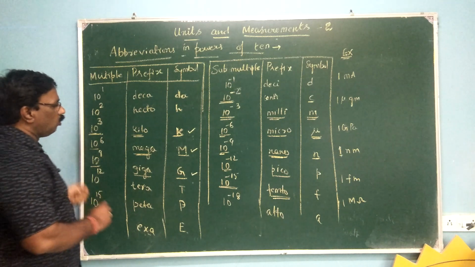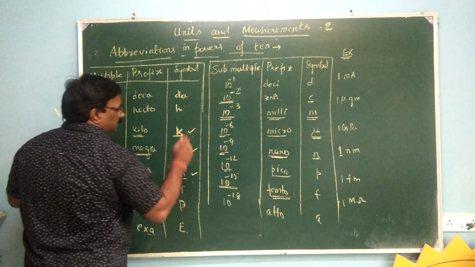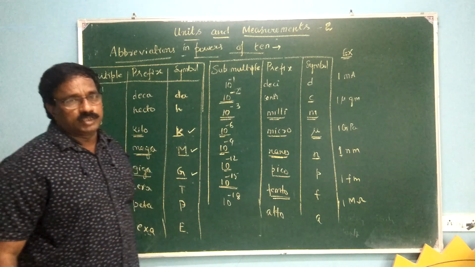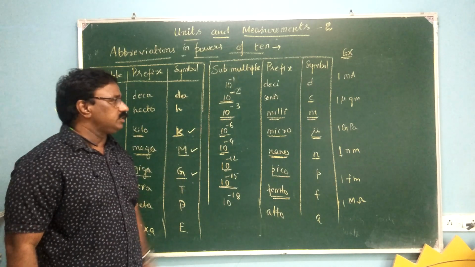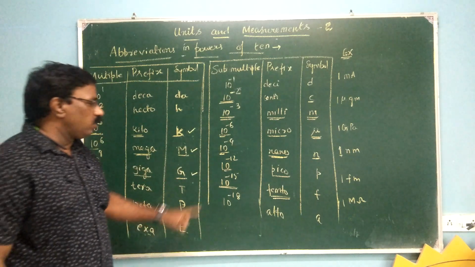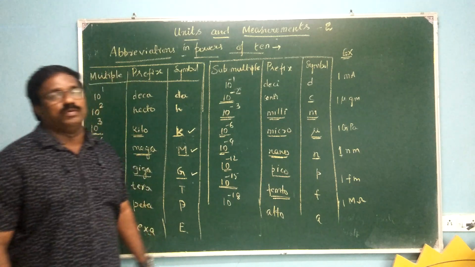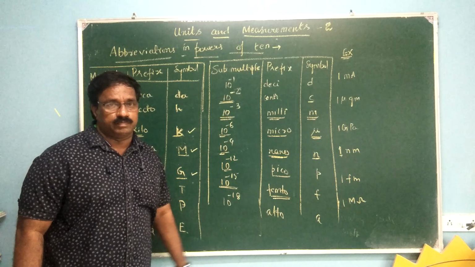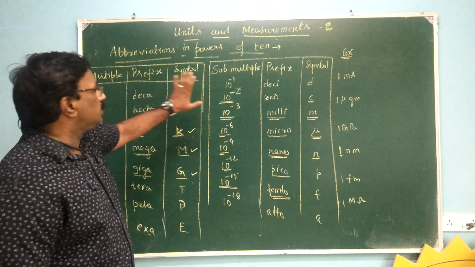Mostly we use kilo, mega and giga. Whereas in submultiples, 10 power minus 2 centi, 10 power minus 3 milli, 10 power minus 6 micro, 10 power minus 9 nano, 10 power minus 12 pico. Because generally in numericals they give values in terms of these, so you should know how to convert them. Understood this one? Multiples and submultiples.